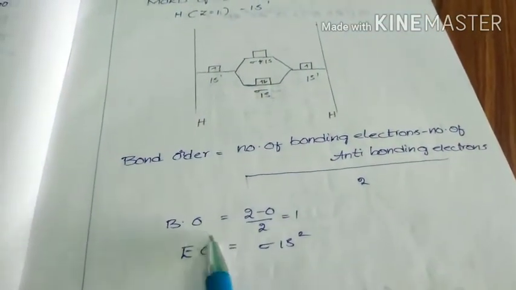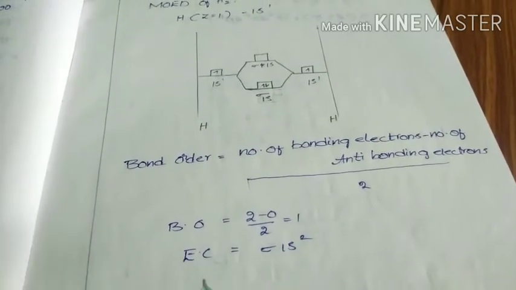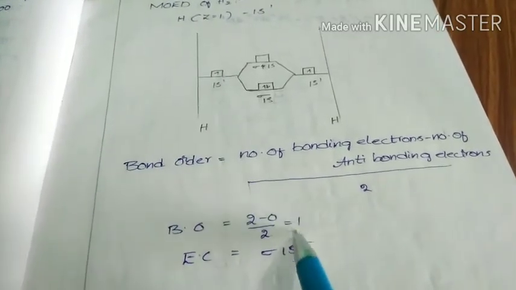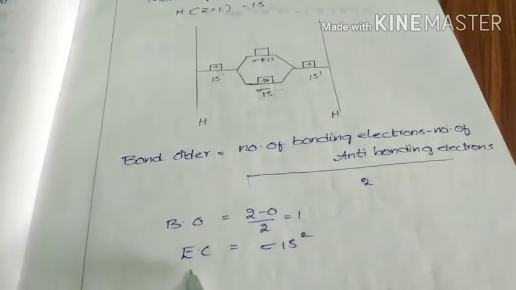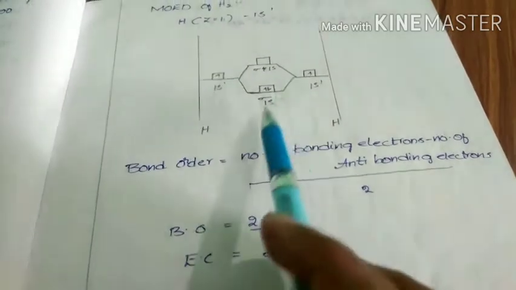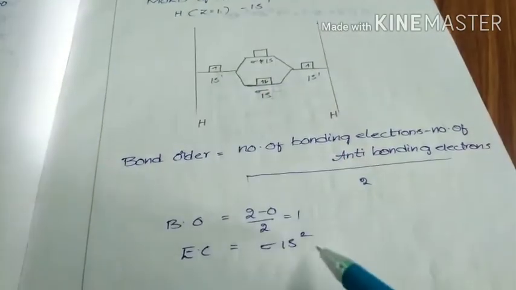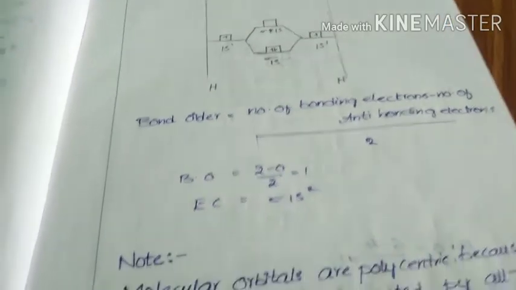What is the definition of bond order? The number of bonds between two atoms is called bond order. Between the hydrogens, one bond is present. So it can be proved experimentally also. The molecular orbital configuration: sigma 1s contains 2 electrons. So this is the molecular orbital configuration of hydrogen.